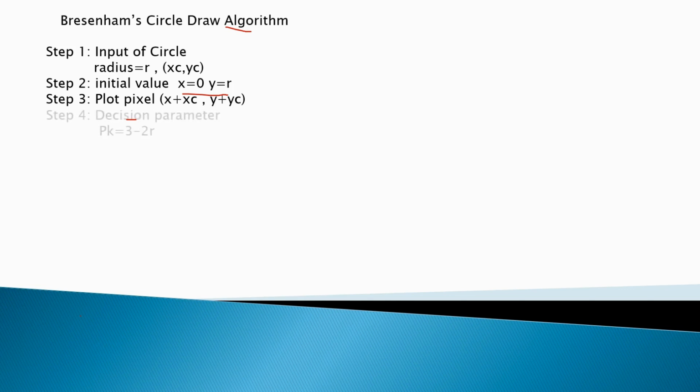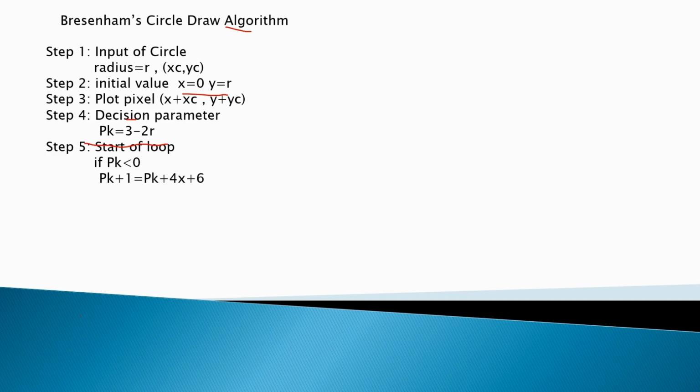Now, how do we calculate the decision parameter using this formula? pk equals 3 minus 2 into r. Then start looping: if the pk value is less than 0, how do we find the next pk value?